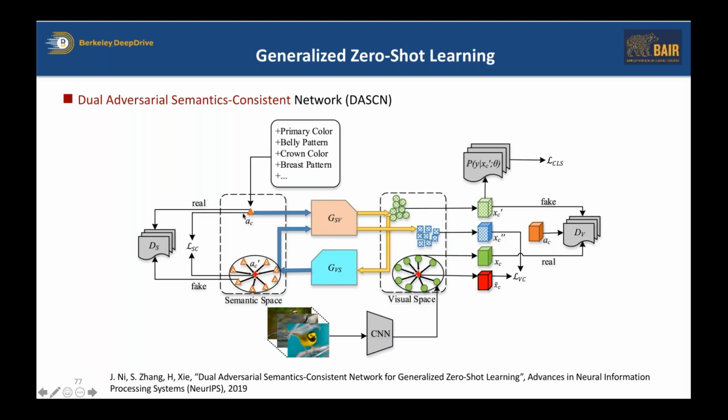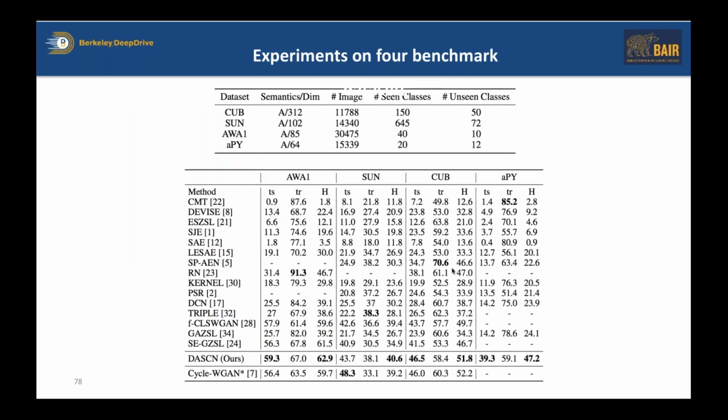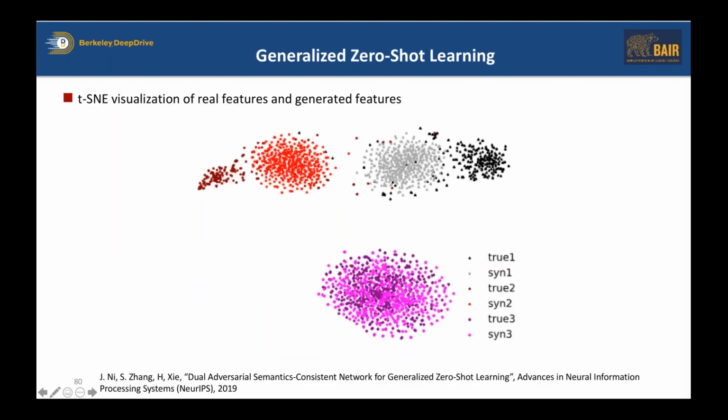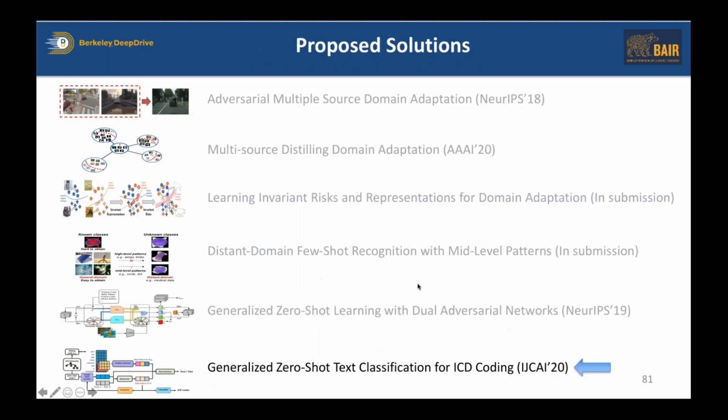Similarly, based on the semantic description, the attributes, we generate the visual features. So this is like a dual generative model. Based on the generated features, we can train the classifier to recognize the unknown classes. With such a mechanism, we can also achieve better performance in most cases, and you can see that the generated features are close to the ground truth features.